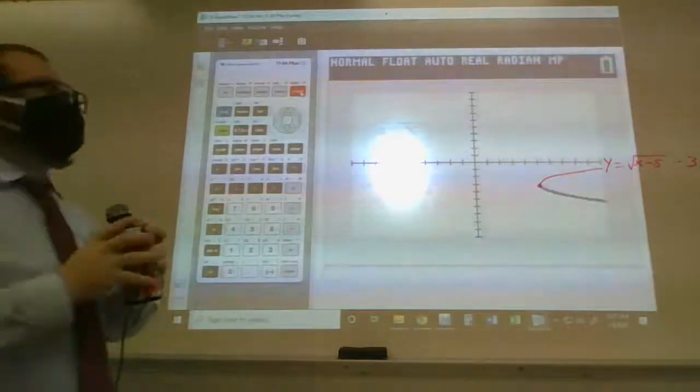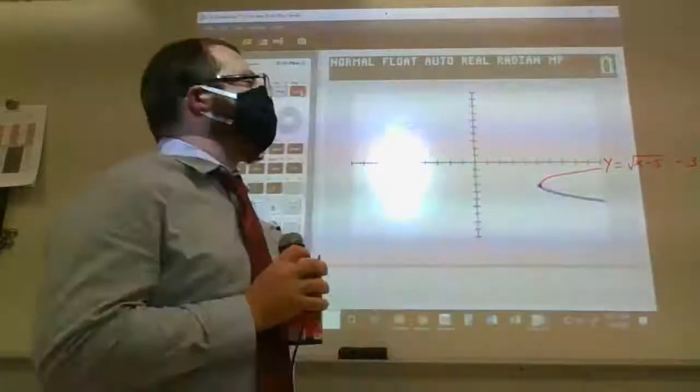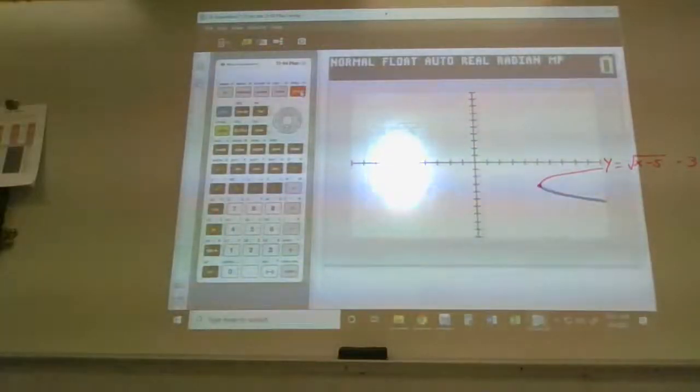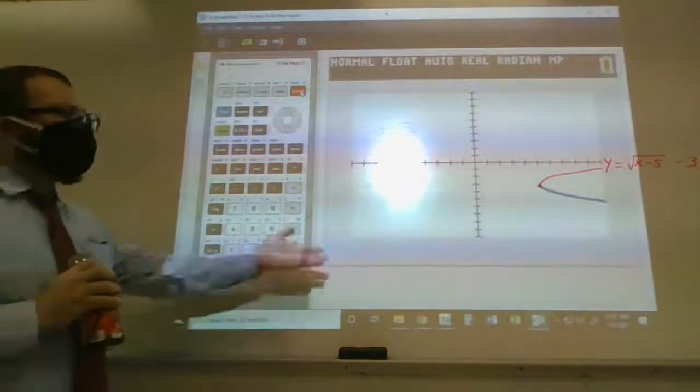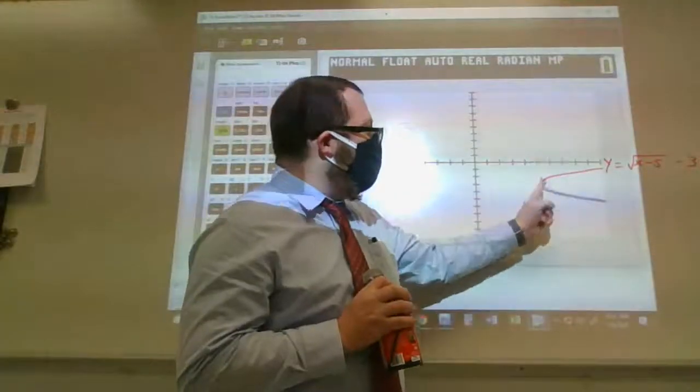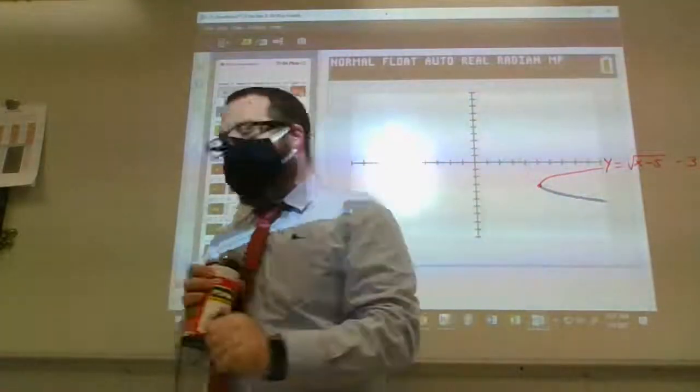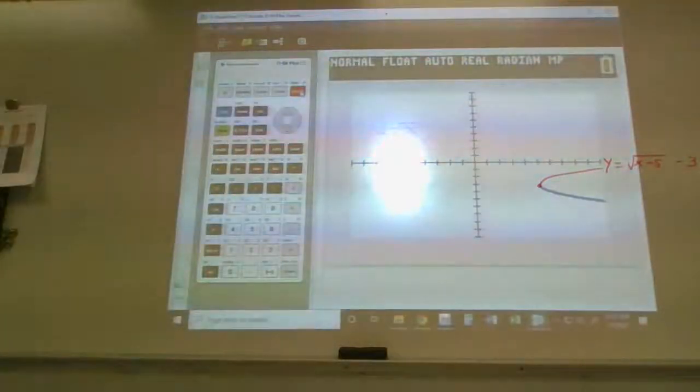It doesn't just reflect over, let's say, the x-axis. That's a different property altogether. But if that negative A is there, it will reflect the graph, but it will keep that starting point.